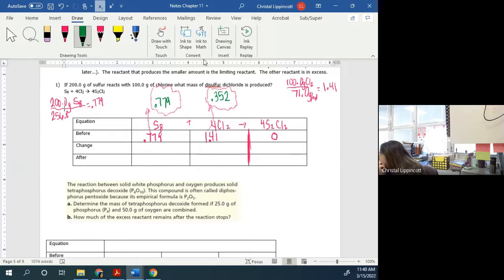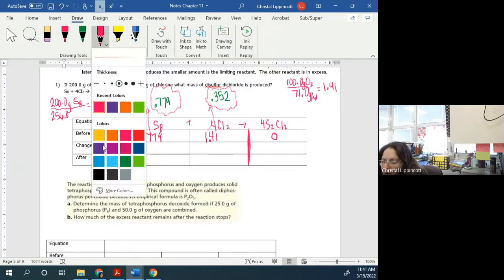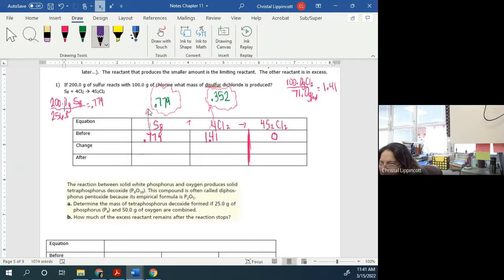Wait, why did the 1.41 get divided? Because this got divided too. It got divided also, but it was divided by 1. Remember, we have that coefficient that's there, but that coefficient is a 1. We just don't write the 1 down. So are we dividing them both now? Because you divide both of these by whatever the coefficient is. So for this one, we divided it by 1, which is the same number. Well, I get that.